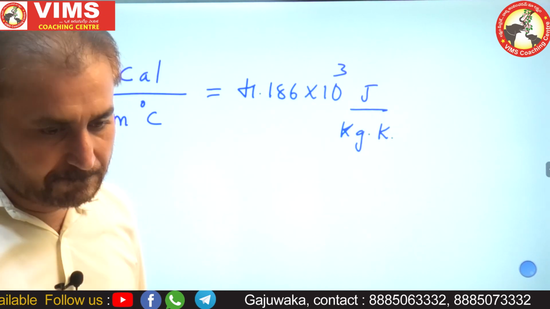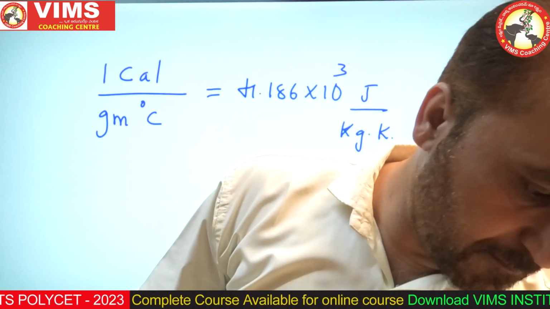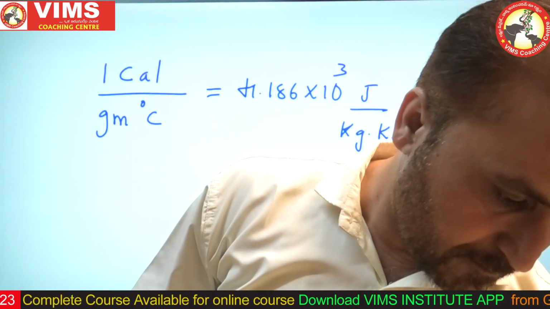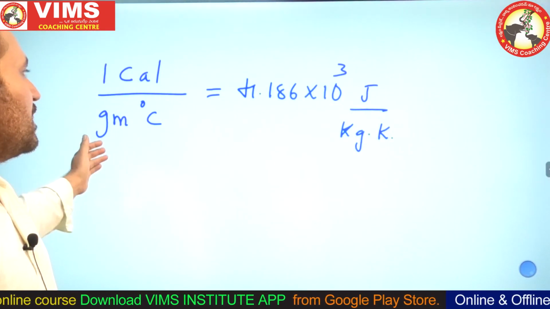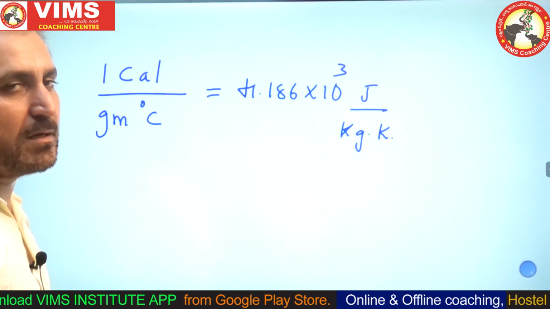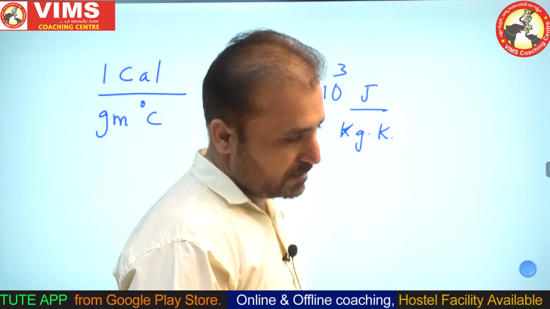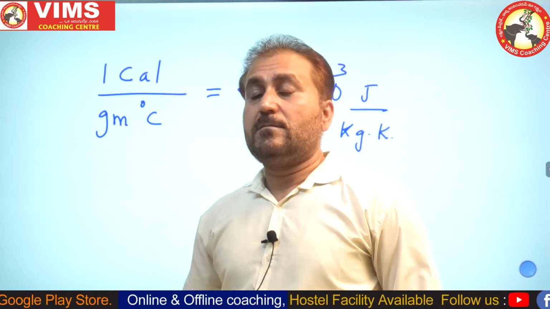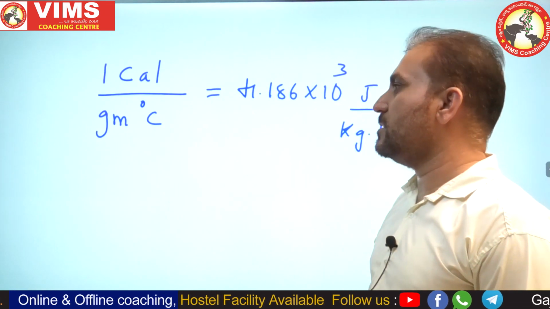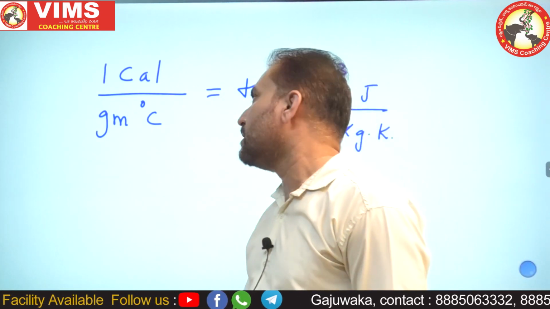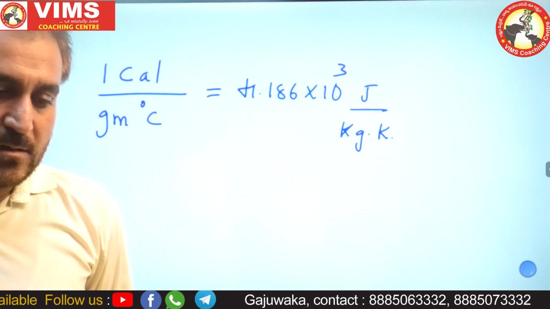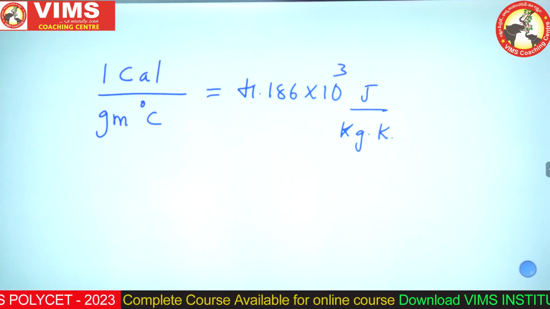This is the relation between cal per gram degree Celsius and joule per kilogram Kelvin. Is that clear?